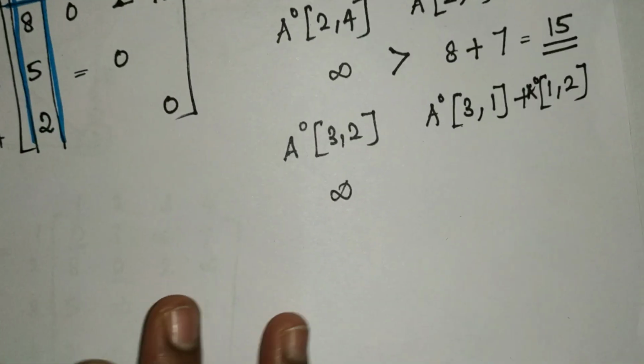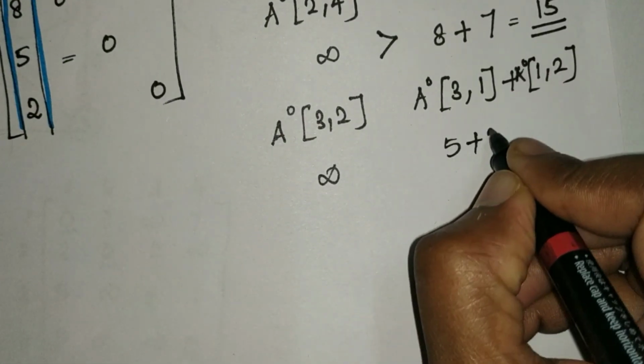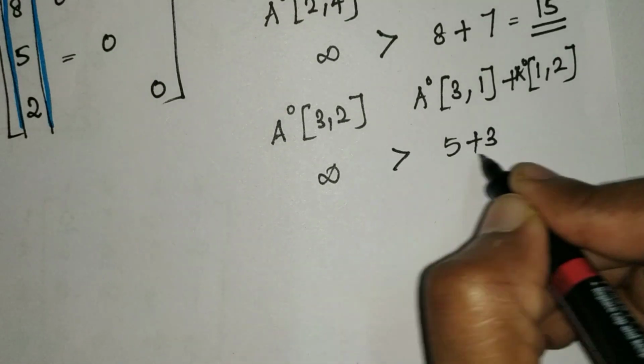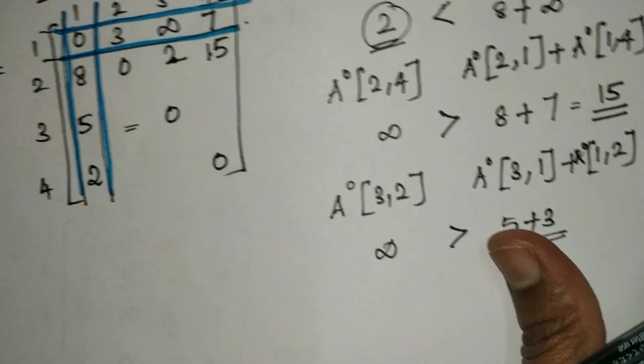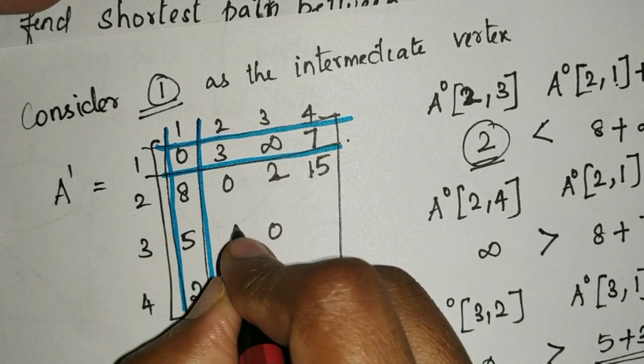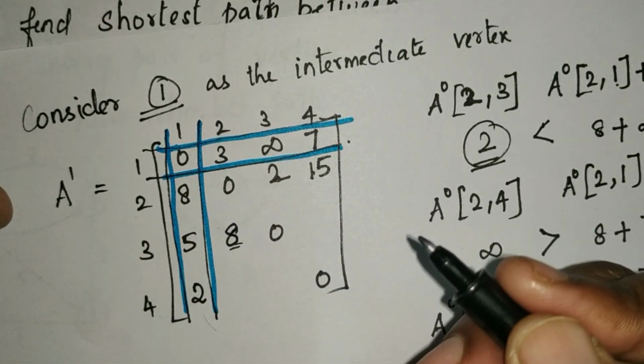So 5 plus 3 gives us 8. So that means we can update this value as 8.